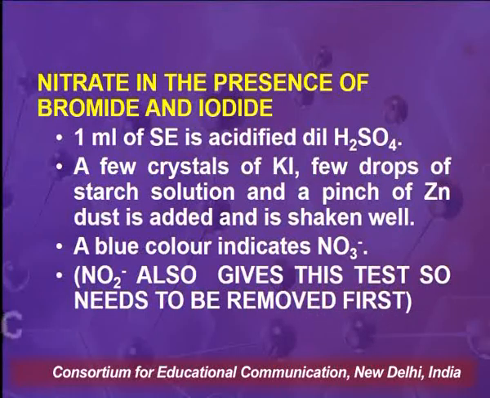So, for this, 1 ml of the soda extract is acidified with dilute sulfuric acid. After that, a few crystals of potassium iodide, a few drops of starch solution and a pinch of zinc dust are added and the test tube is shaken well. A blue color indicates the presence of nitrate ions.